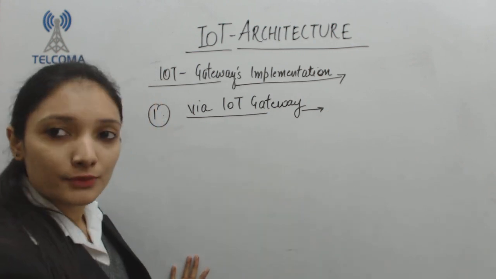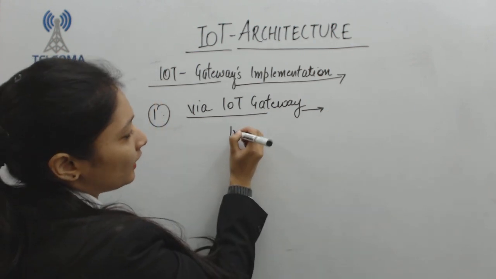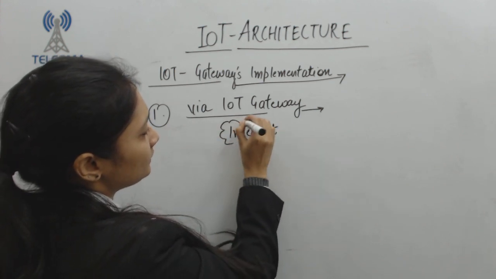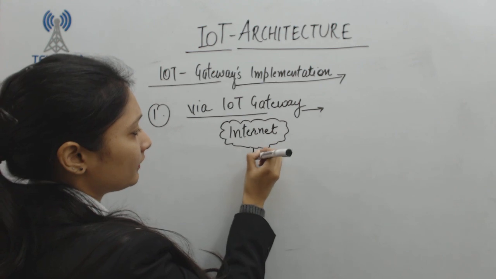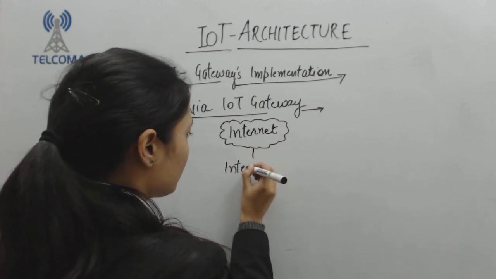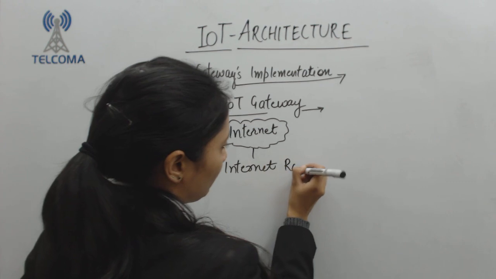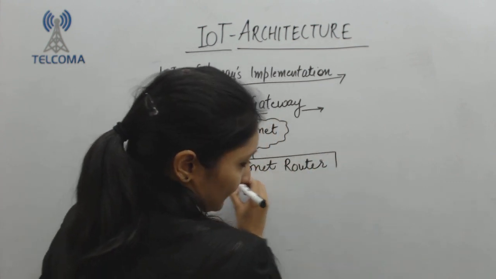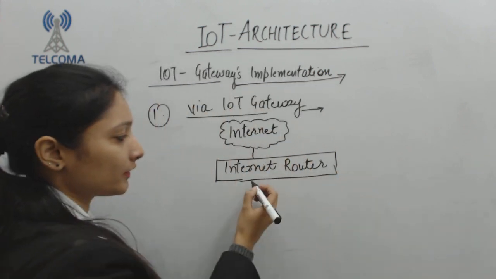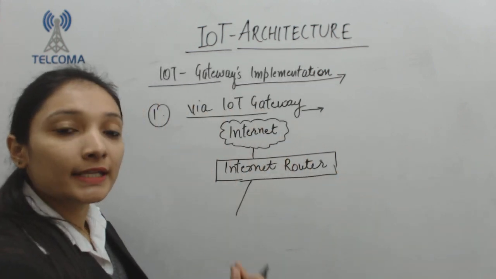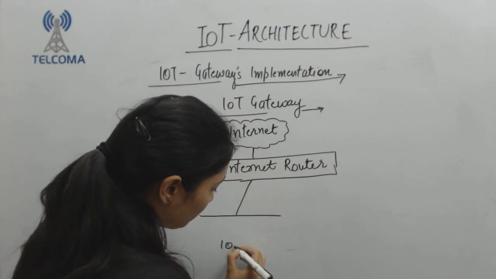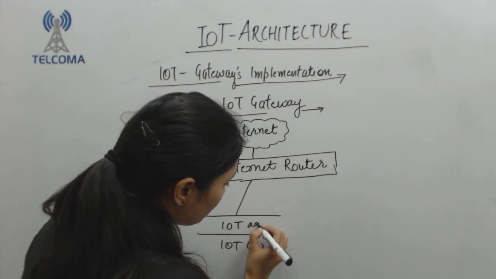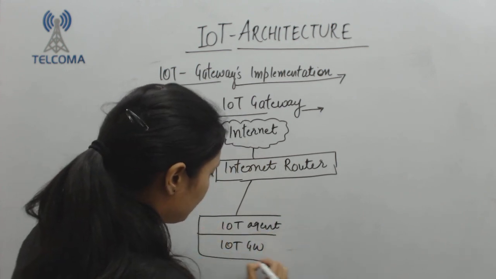Now, first of all, you have the internet and the internet router. Here you will have the IoT gateway and the IoT agent.